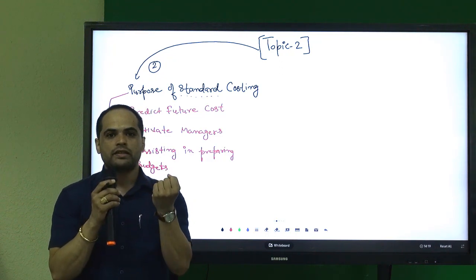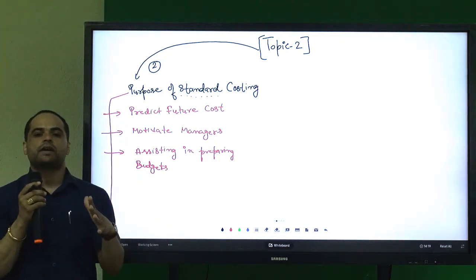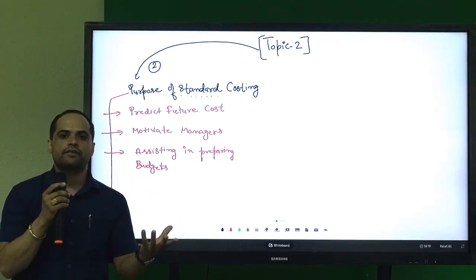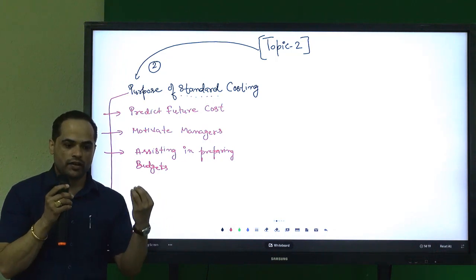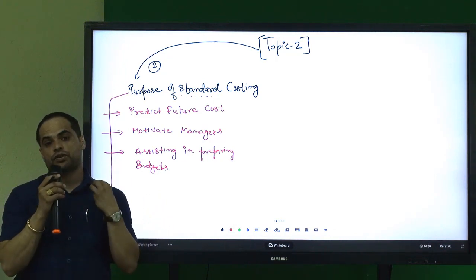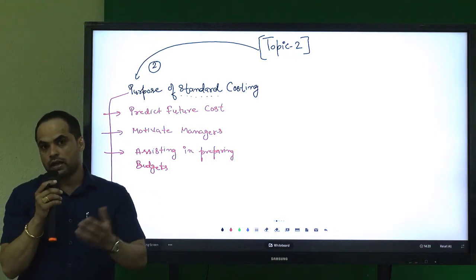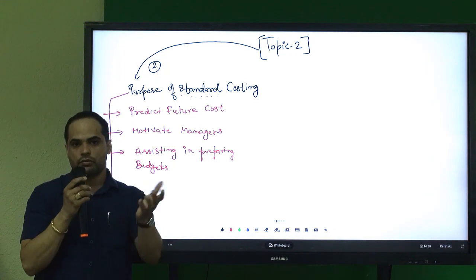So obviously standard costing helps us in preparing budgets. It provides much more detailed and very specific information for the budget, so we can make our budget.